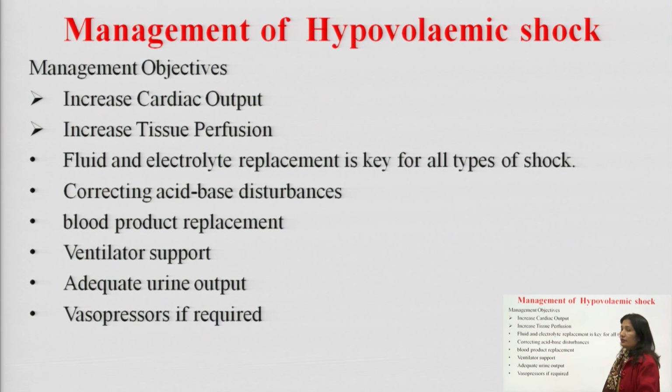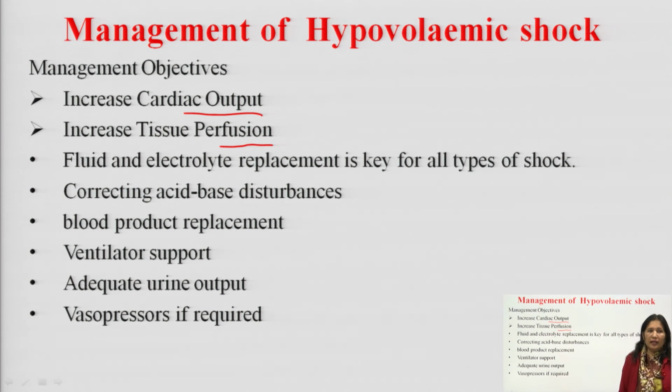Now, how can we treat or manage hypovolemic shock? Treatment or management of the shock is almost similar. Here the management objectives of hypovolemic shock are to increase cardiac output and to increase tissue perfusion. For this, fluid and electrolyte replacement is key for all types of shock.